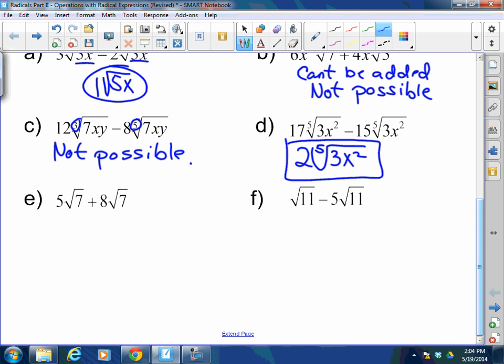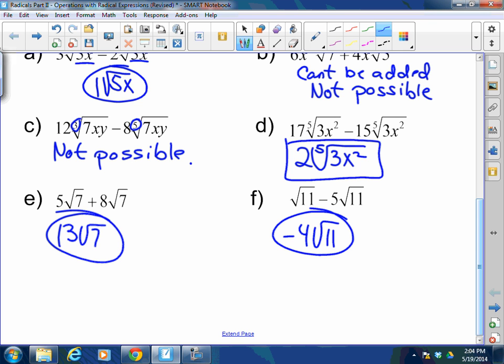I need 5. I need a set of 5 of anything to pull that out. Very good. How about 5 square root of 7 plus 8 square root of 7? 13 square root of 7. Boom. Done. Awesome. How about square root of 11 minus 5 square root of 11? Negative 4 square root of 11. You are awesome. Fantastic job. Does that make sense?